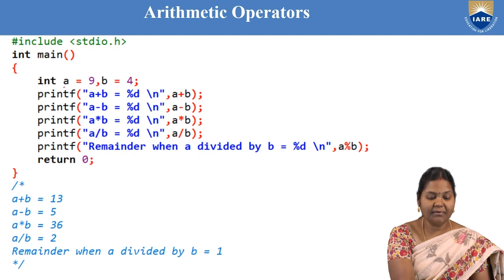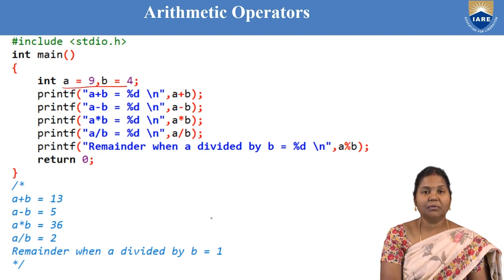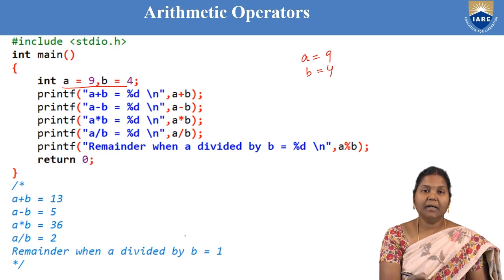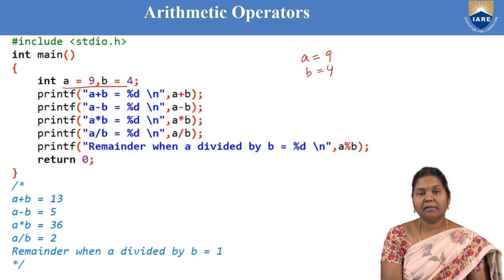Suppose initially the values of two variables are A equal to 9 and B equal to 4. A and B are two integers. We can apply the arithmetic operators on two operands because normally they are binary in nature. You can also apply them on a single operand, that is, unary also.